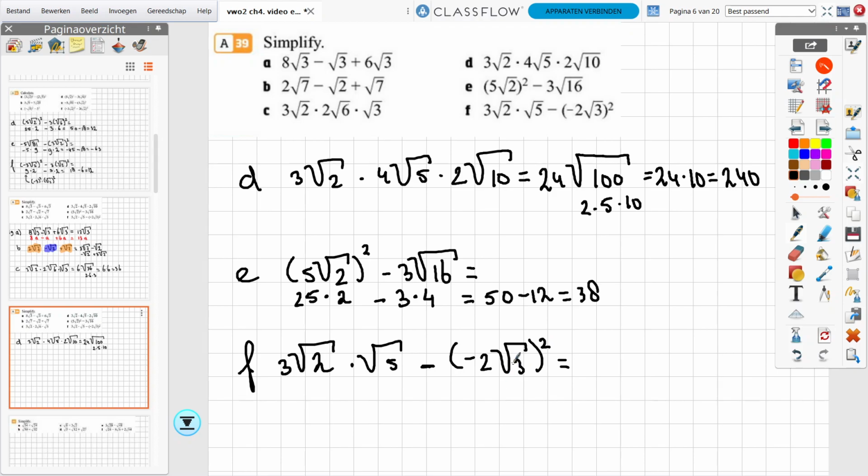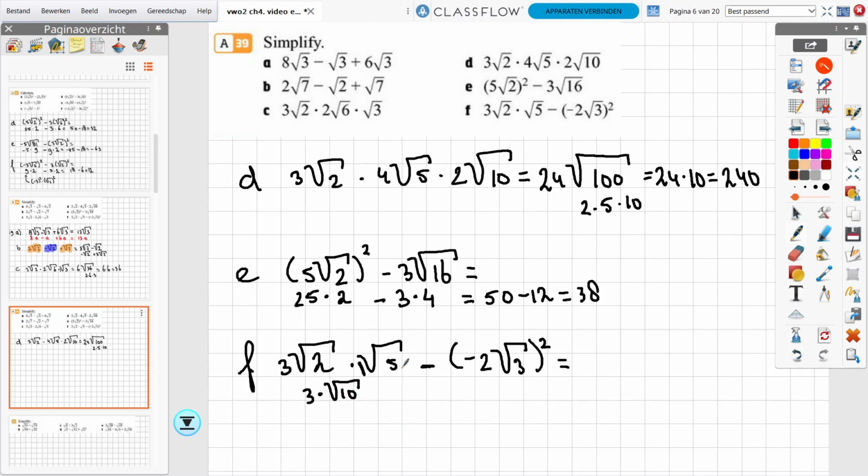Okay. Let's try to do this. Well, you could say one step at a time, but you can do multiple steps at a time if you want to. You can first do this and then also assess this in the same step. Let's try to do that. The numbers, first of all, multiplication, so I can simplify this. Remember, you could say there's a 1 in front here. 3 times 1 is 3, times 2 times 5 is root 10.